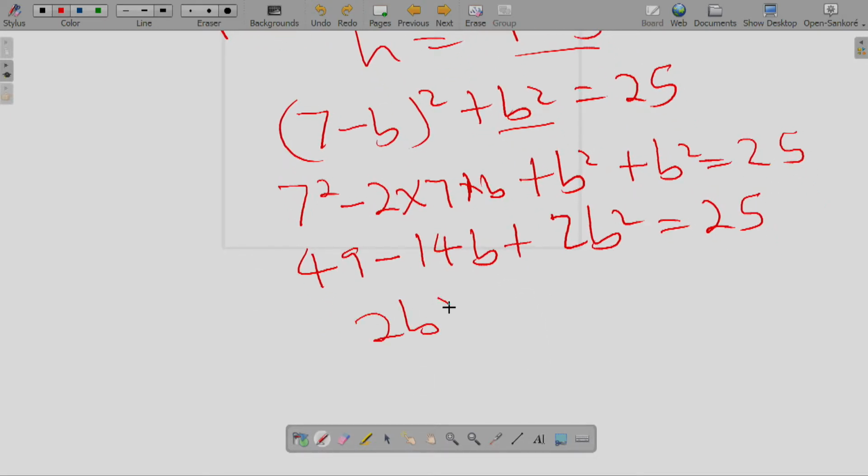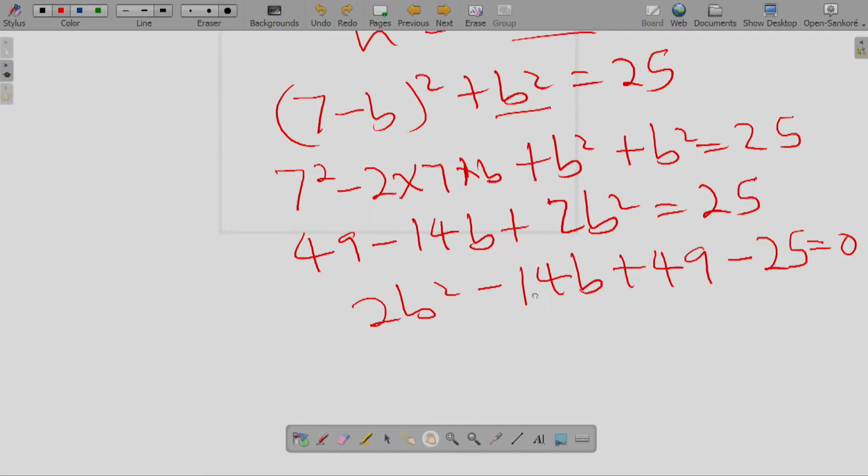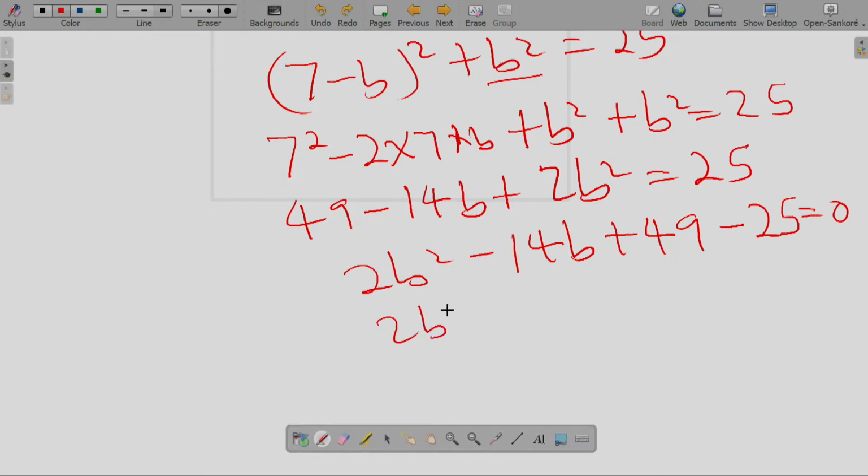So 2b squared minus 14b plus 49 minus 25 is equal to 0. So 2b squared minus 14b plus 24 is equal to 0.